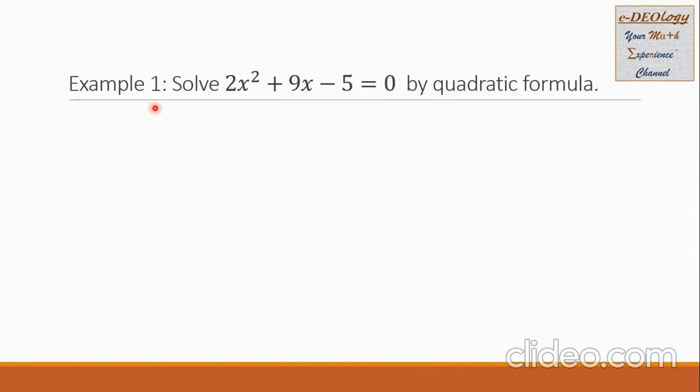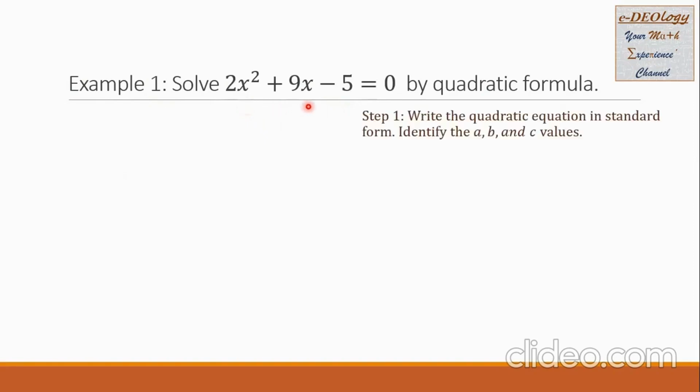This is example 1. Solve 2x squared plus 9x minus 5 equals 0 by quadratic formula. In solving, it means we want to get the values of the x. Step 1. Write the quadratic equation in standard form.